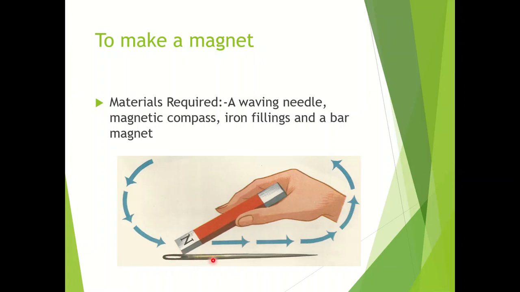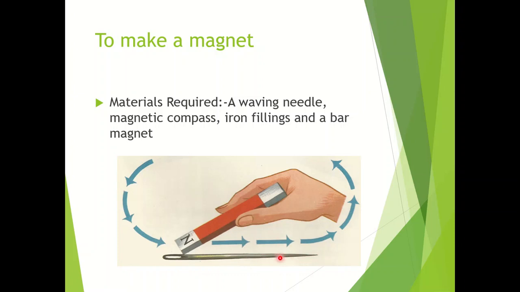And again we will rub this magnet along the weaving needle from A to B, and again lift it up and bring it to point A. We will repeat this step 10 to 15 times. After doing this, the weaving needle will get magnetized.